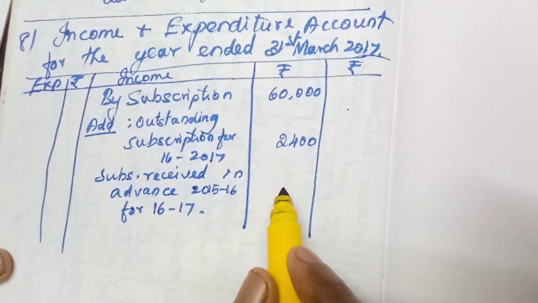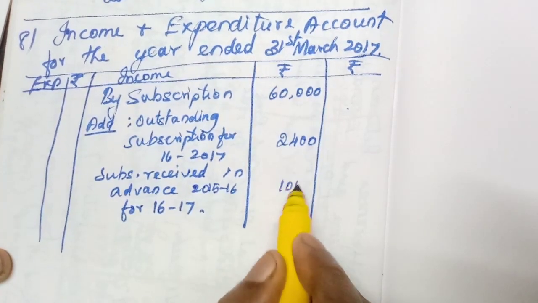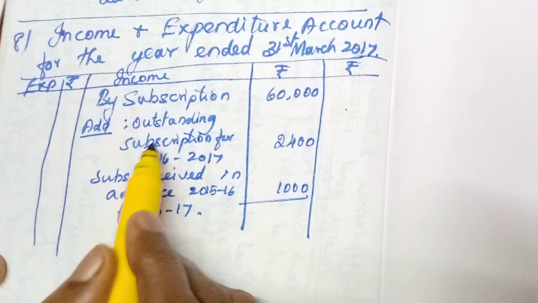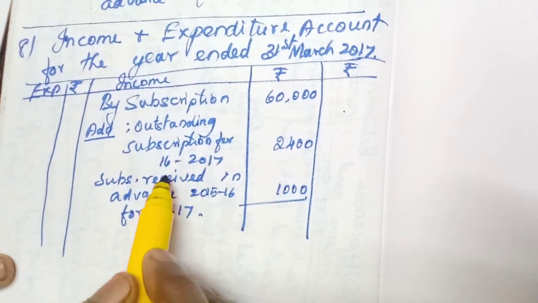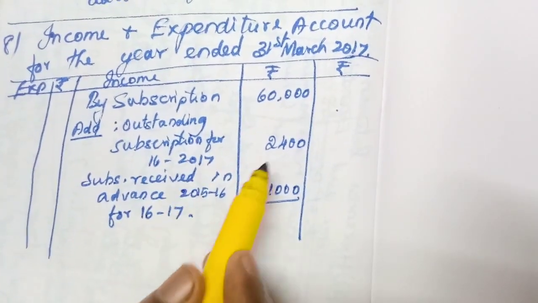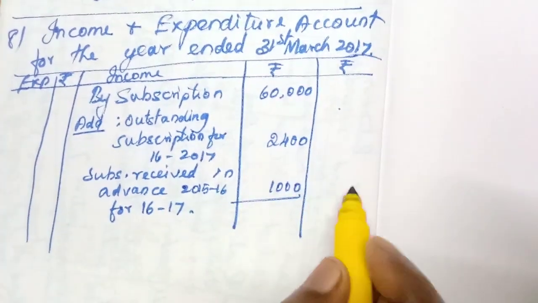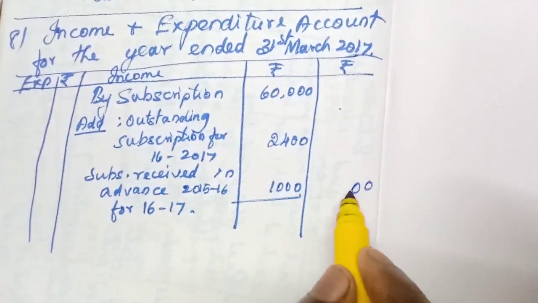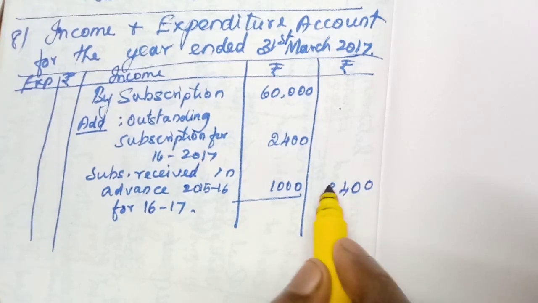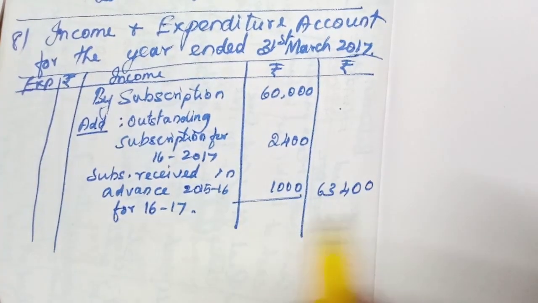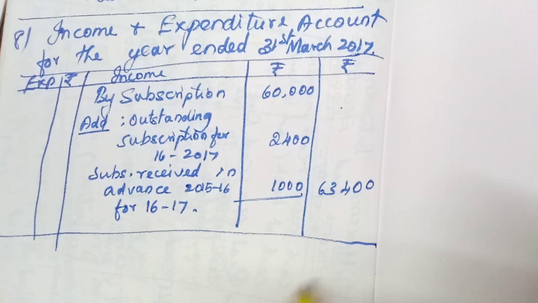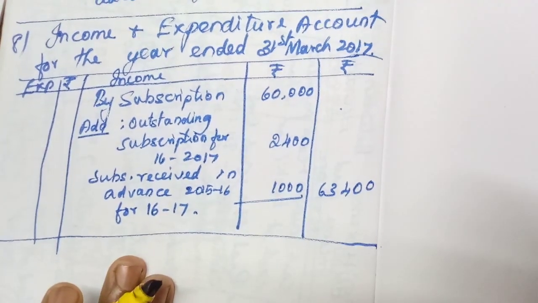How much? 1,000. Or simply you can write 'add outstanding subscription of 16-17', and in brackets 2,400 plus 1,000. So now add and write everything together: 63,400. That's okay. Now we will see the next illustration.